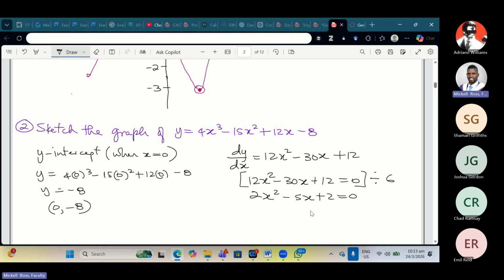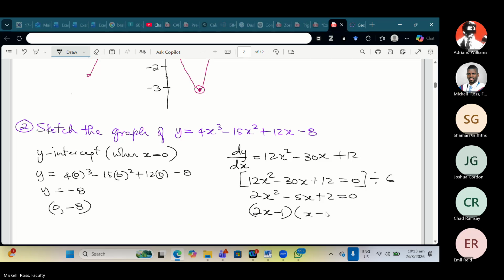All right. And then all you need to do is to go ahead and factorize this using the factorization method. We would have looked at the factorization method multiple times.